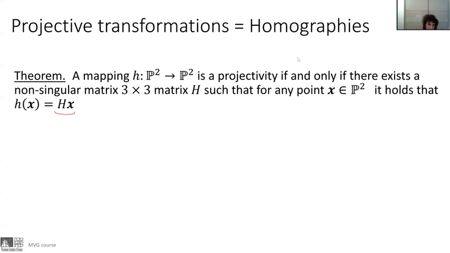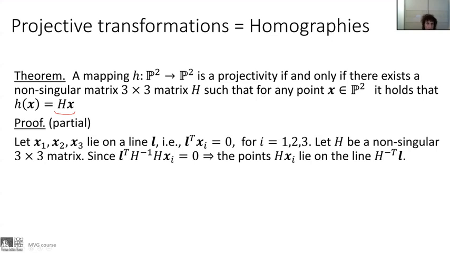Why is it true? So let's try to do one direction. Essentially, we'll show that if H is non-singular 3 by 3, then it's a homography or projective transformation. The other direction is more involved, and we will not show it.